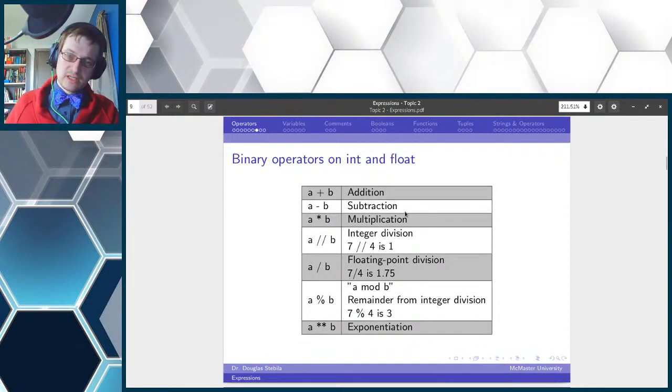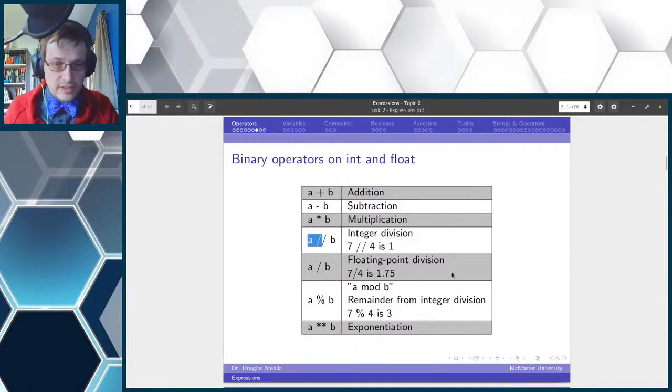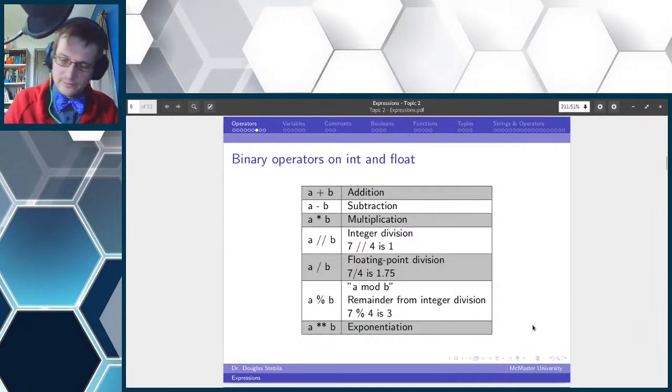Addition and subtraction and multiplication, I really hope that you have seen those before. If not, then perhaps you need to head back to elementary school. In division, though, we have a distinction between integer and floating point division, and we also have a remainder operation, which is actually extremely useful.